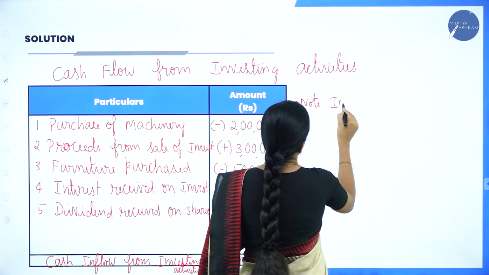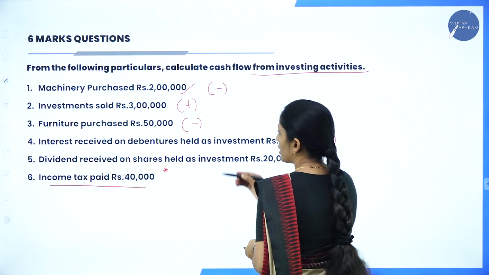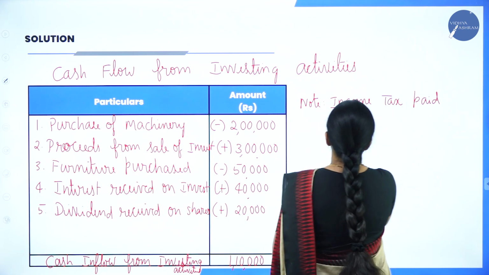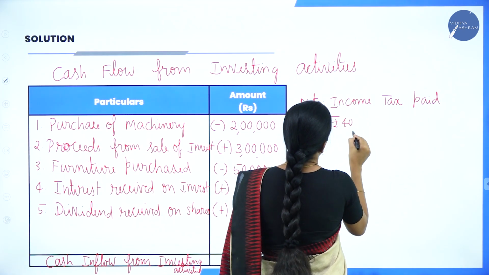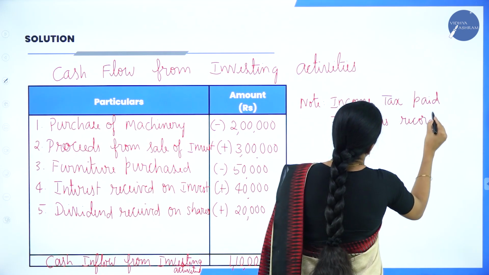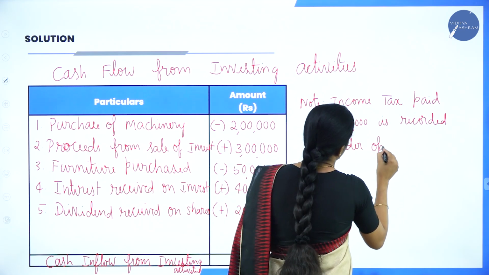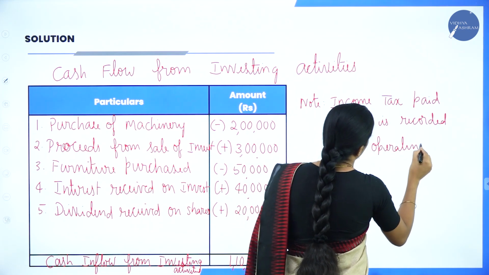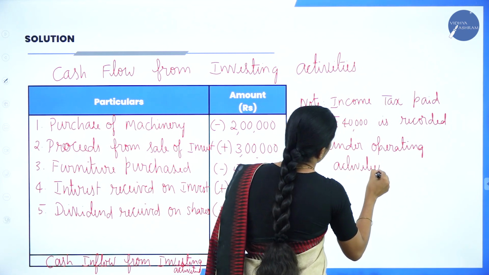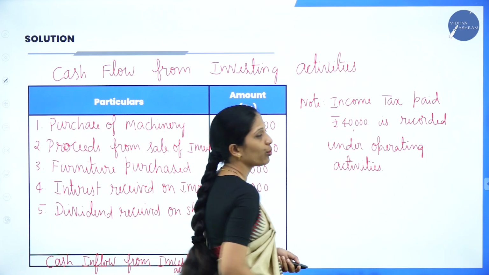Income tax paid rupees 40,000 is recorded under operating activities. So this is how you have to write a note for it.